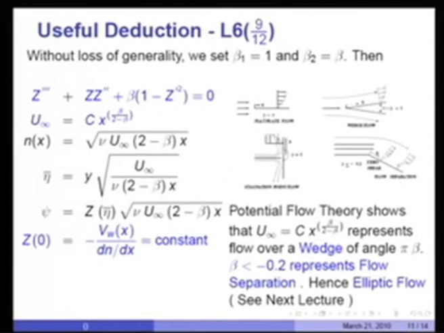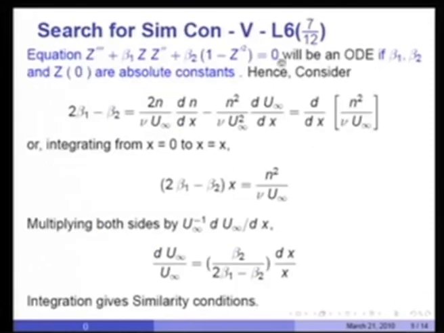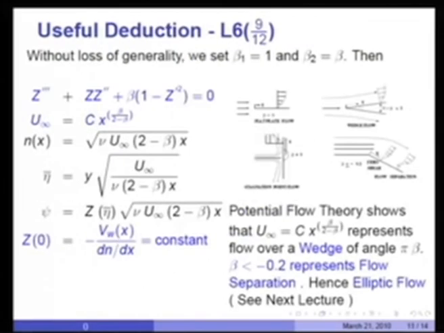Remember, the equation is an ordinary differential equation as long as beta 1, beta 2 and z 0 are constants. So, I can arbitrarily choose these values. I can set, for example, beta 1 equal to 1 and beta 2 equal to beta. That is what I have done without loss of generality.